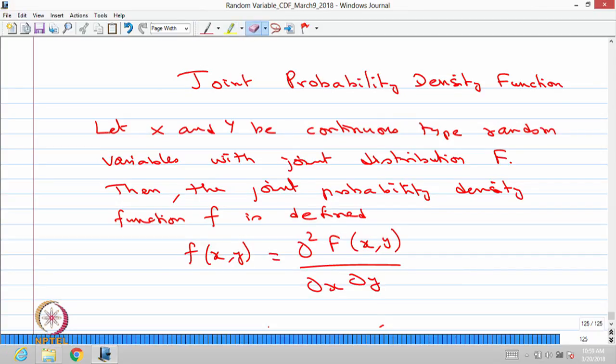It's a second order partial derivative, which is the same as the partial derivative of the CDF with respect to y and x.